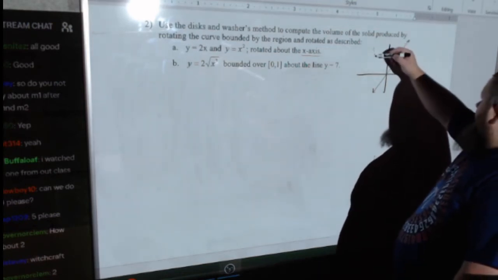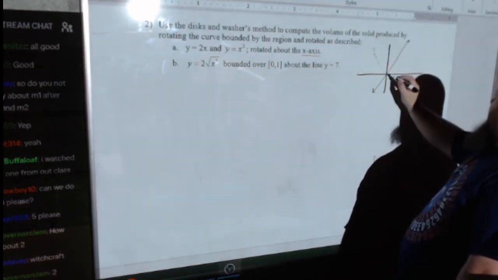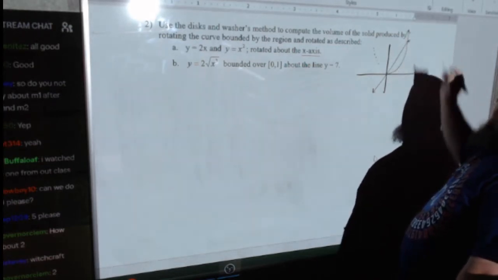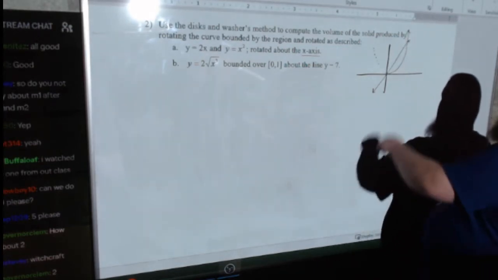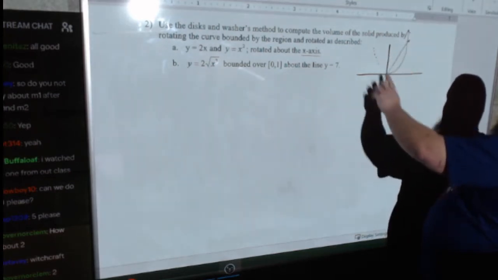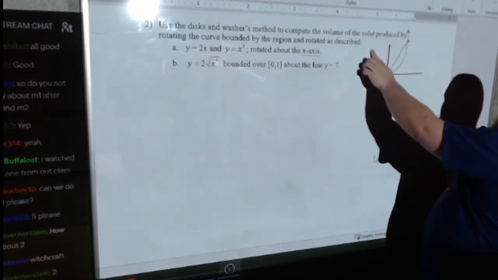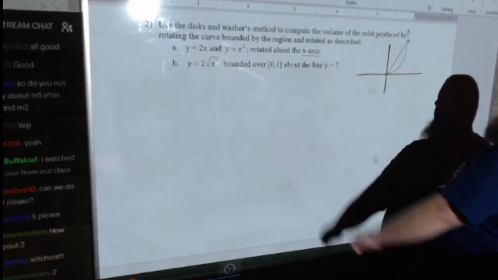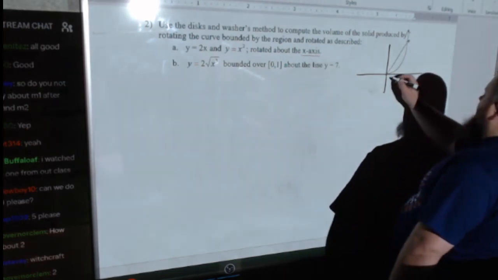So x squared would look like this, approximately. So clearly we see this is the area bounded, so we don't need any of this stuff. And then it says rotate that about the x-axis.